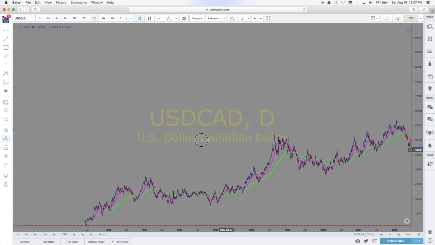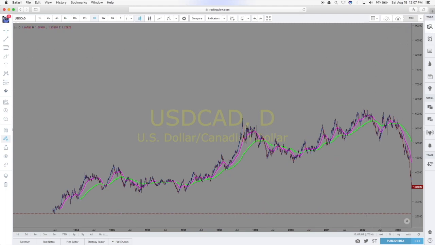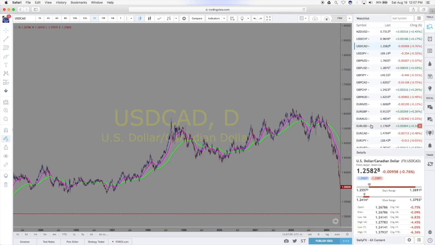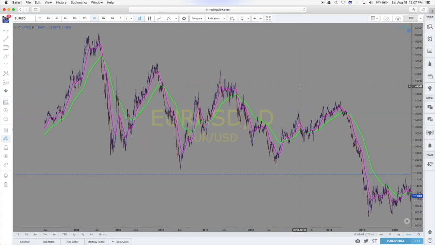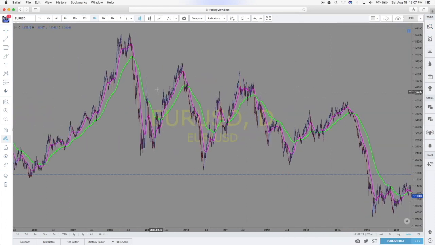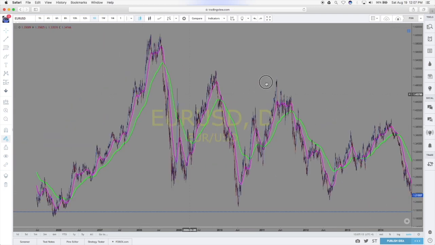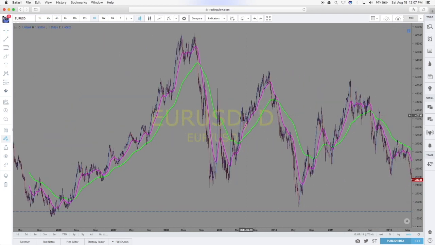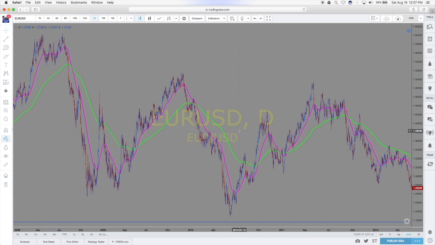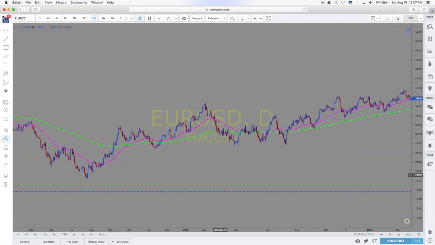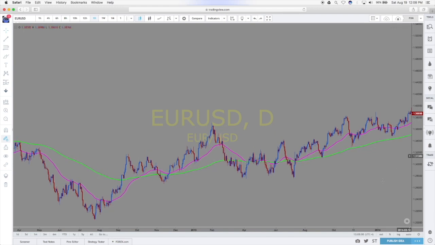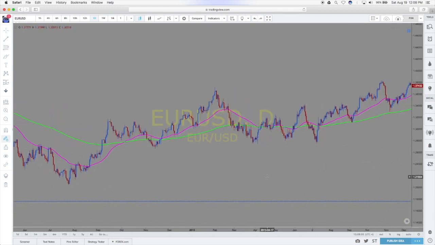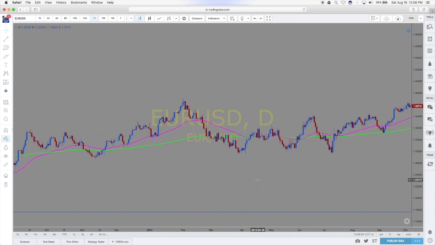Okay, so let's go ahead and see if we can spot some double tops, double bottoms, and that way we can help you identify these. All right, here is what looks like a head and shoulders pattern right here.